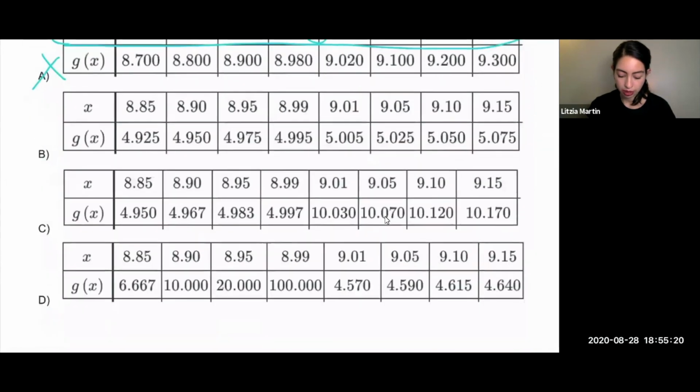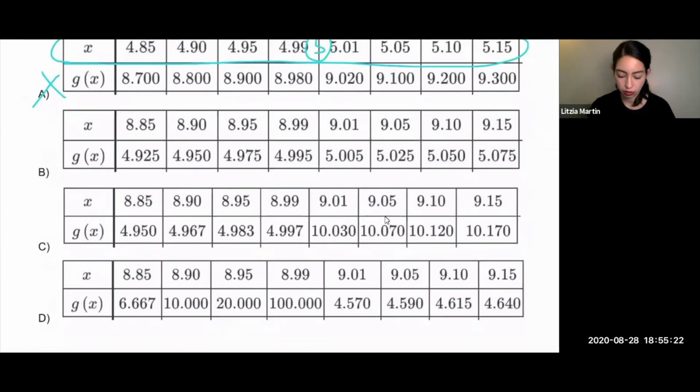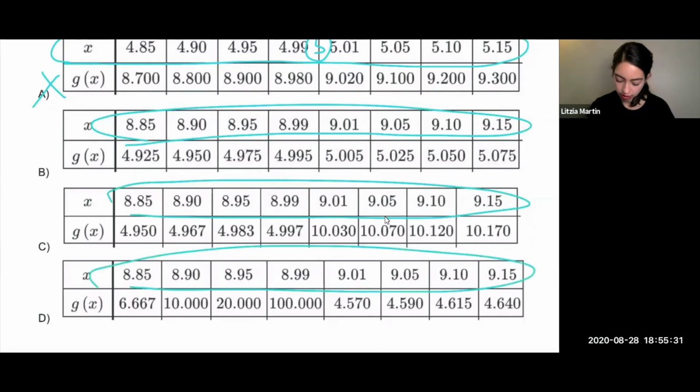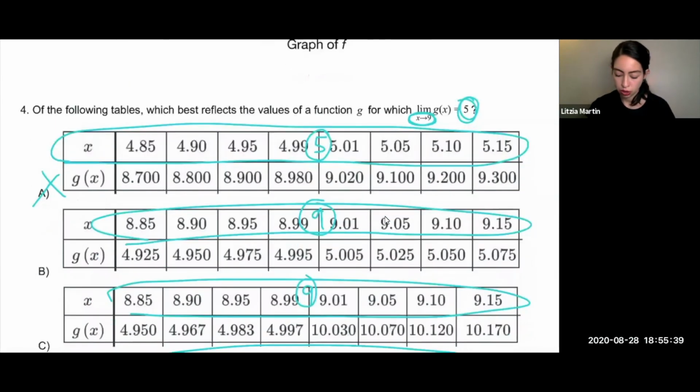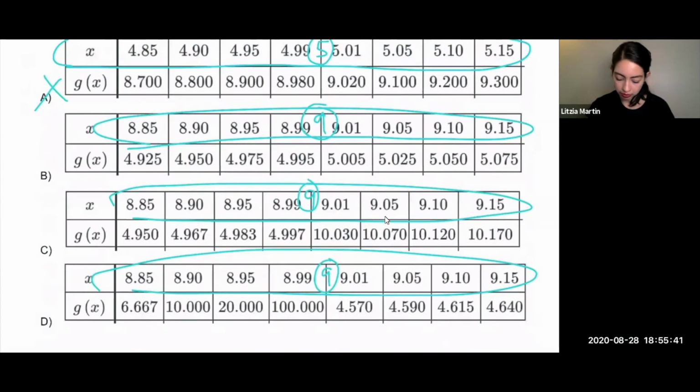Now we're left with the next 3 options, because if you look here, that x part in all of these, they're all approaching 9, which is good. That's what we want. Now what we want is for the y values to be approaching 5. So if we look here, we want to pay close attention to the patterns.